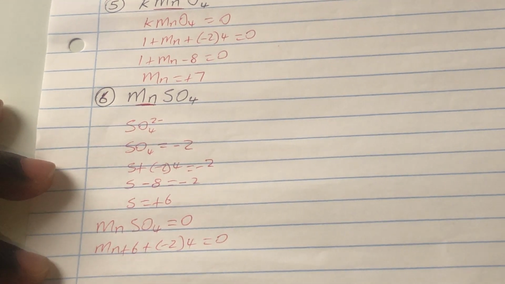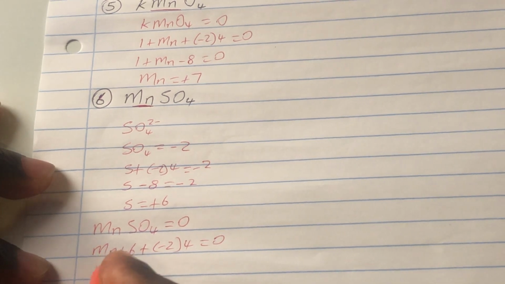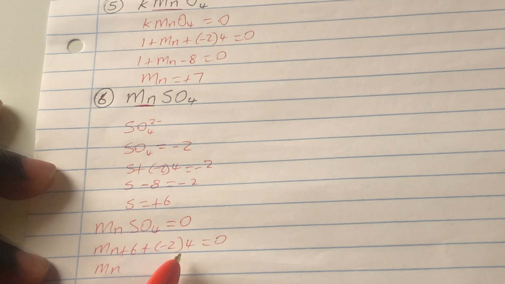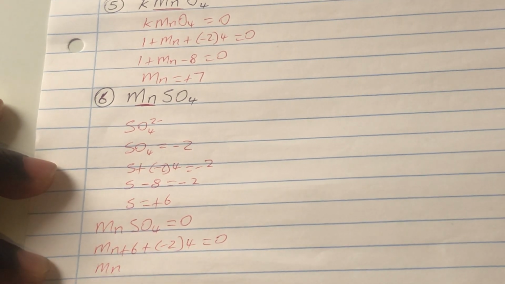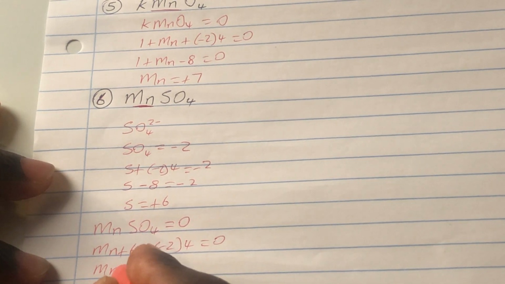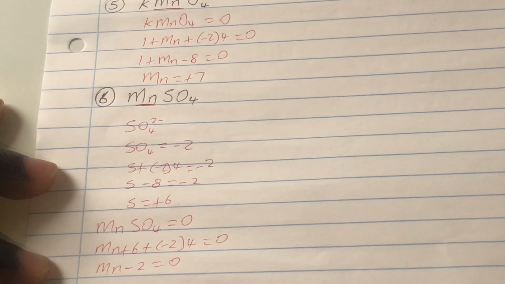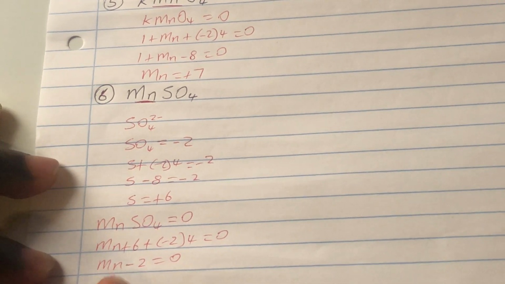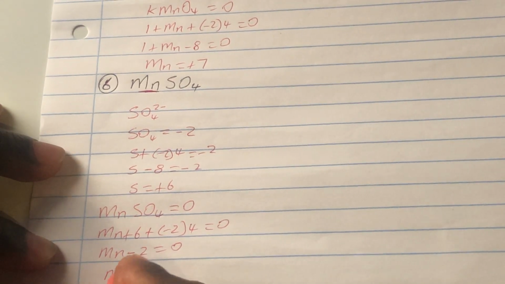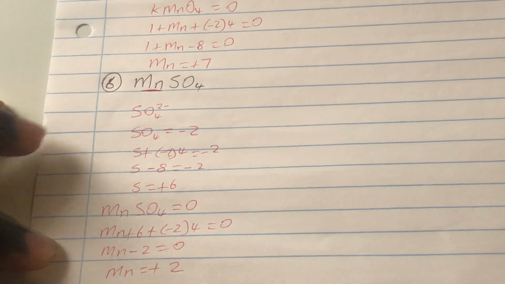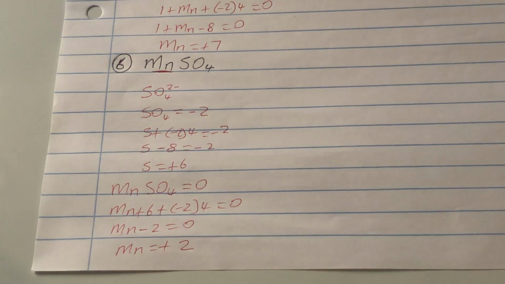Then we solve for Mn. Mn minus 2 times 4 is minus 8. Minus 8 plus 6 is minus 2, equals 0. We take minus 2 to the other side. We'll get Mn equals plus 2. This one is the answer for number 6.